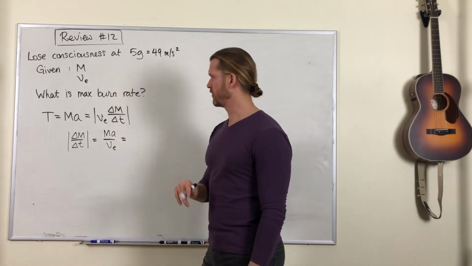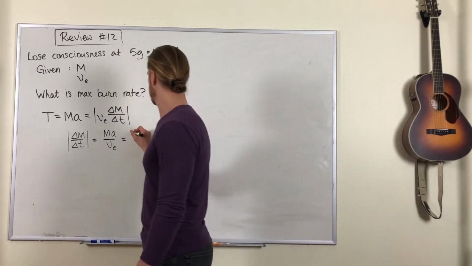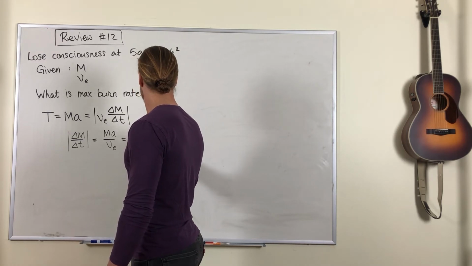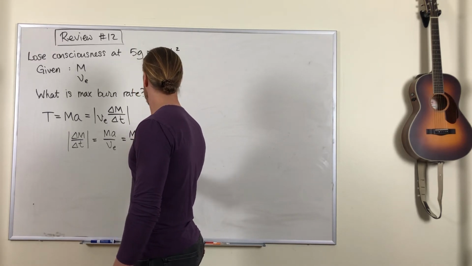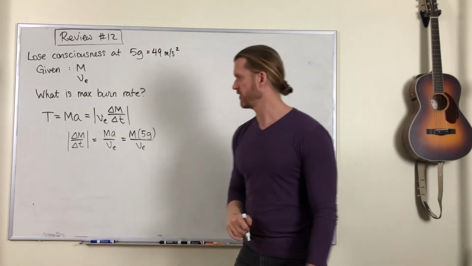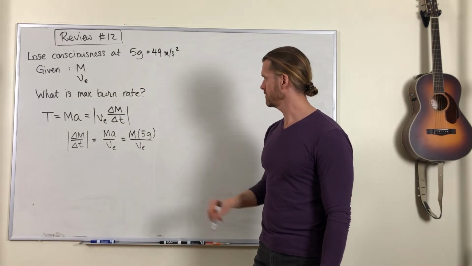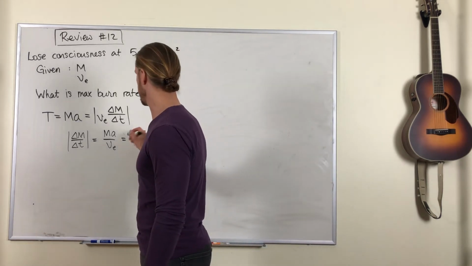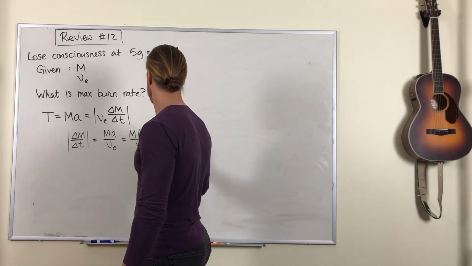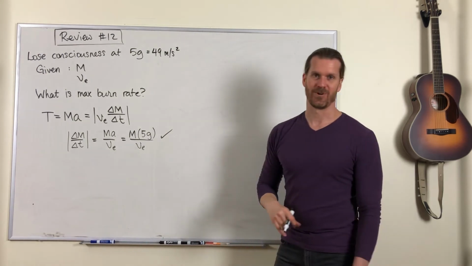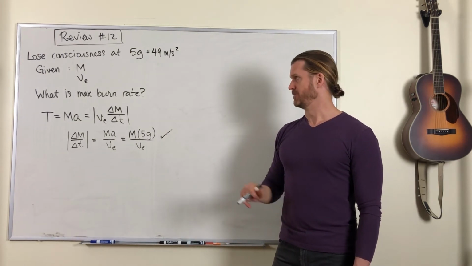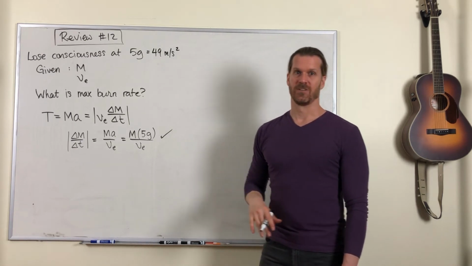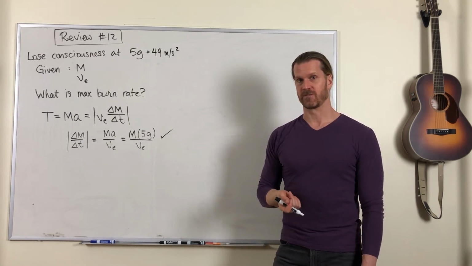And then I'll substitute the a value with 5 g's, 5 times 9.8, and we're done. That's the end of the problem. So, not a whole lot of math to do, but the concepts are interesting to think about here.